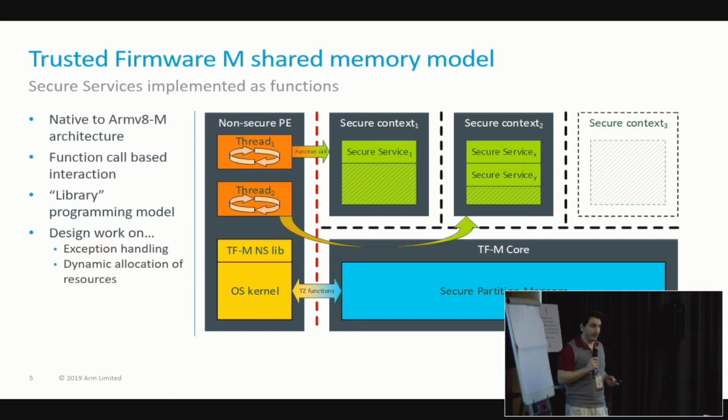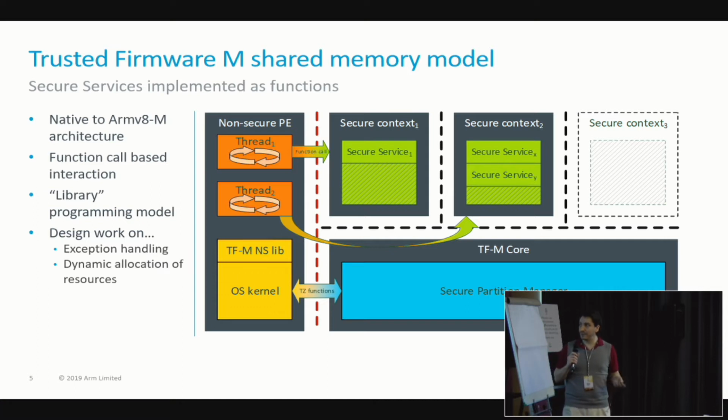We are also considering, but it's very early work, how we can do dynamic allocation of secure resources in this case. For example, if we have multiple concurrent requests from non-secure threads on the secure side, we allocate a separate secure context for each of them, but we don't reserve space if there's no active request.